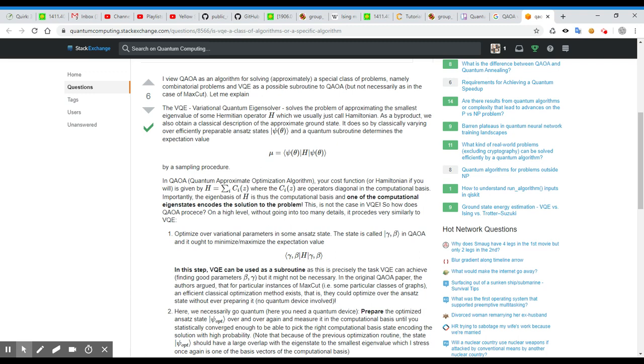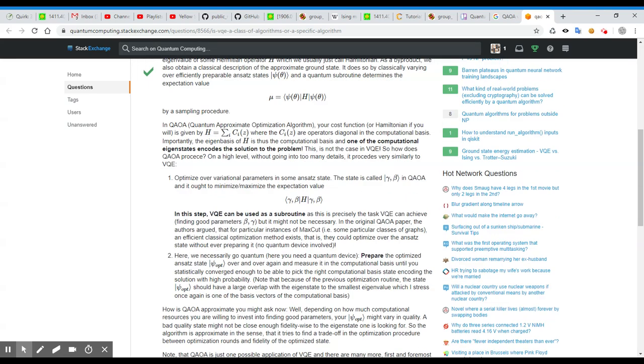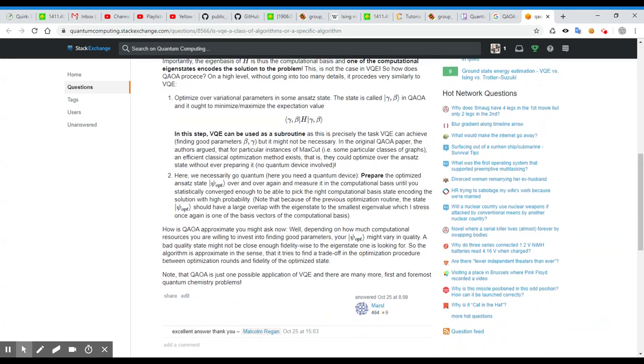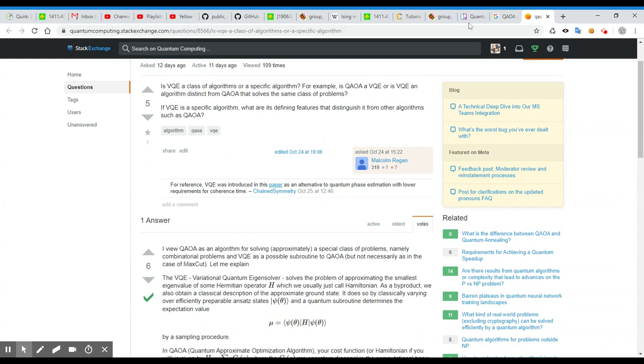Importantly, the eigenbasis of H is thus the computational basis. Okay. I'm not so sure I understand how this helps you solve the combinatorial problems, but maybe.